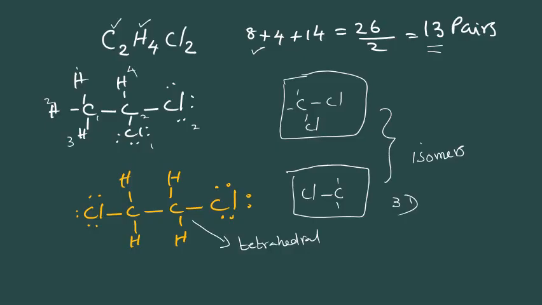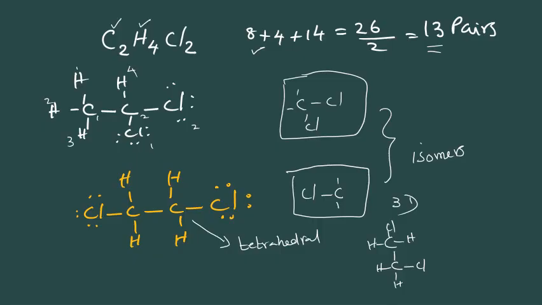So even though on paper we show this as a 2D model, don't get confused by drawing. For example, some people may draw C and connect the chlorine here and hydrogen here, and in this case, just connect chlorine here, and hydrogen here, and hydrogen here.